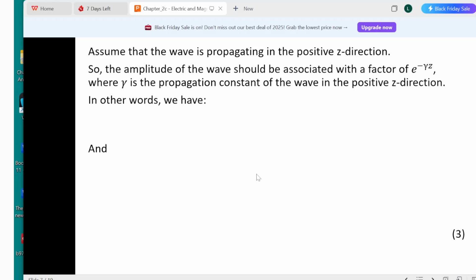So literally, we are assuming that the wave can attenuate. We may not be in a lossless medium. So this is the representation of the electric field in the x direction.